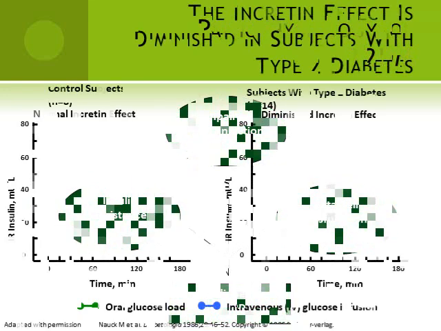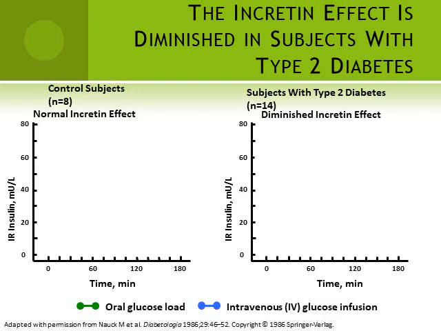And talking about the incretin effect a little bit in detail, the incretin effect is seen in the body when we compare the levels of insulin once the body is injected with IV glucose, and the same amount of glucose when it is given orally.